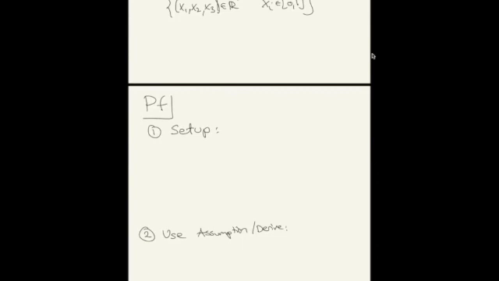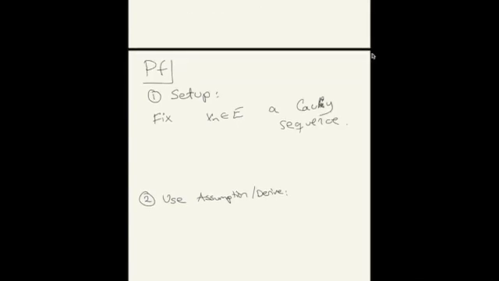Let's again use the setup. So let's fix x_n now in E, a Cauchy sequence. We have to use the assumptions somehow. Well, x_n is also in X and Cauchy in X because the metric is the same. So there exists an x, it converges in X, such that the limit as n goes to infinity of x_n is equal to x.